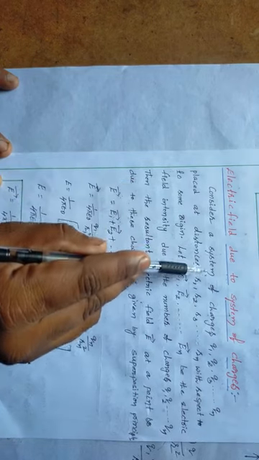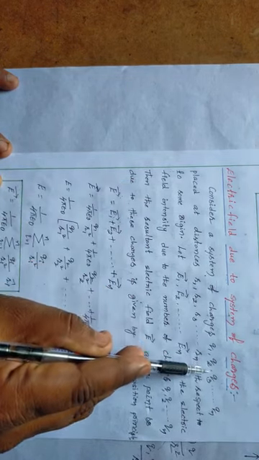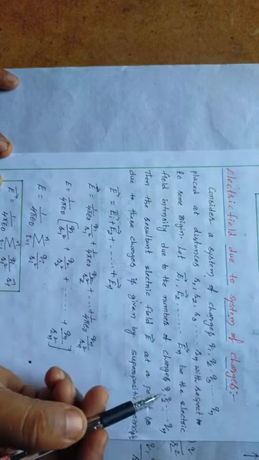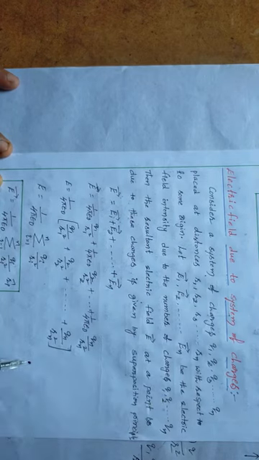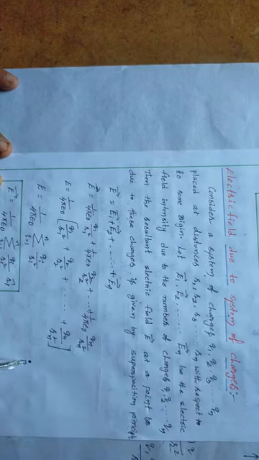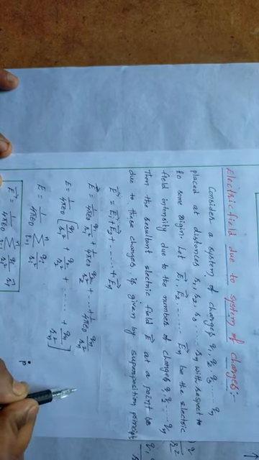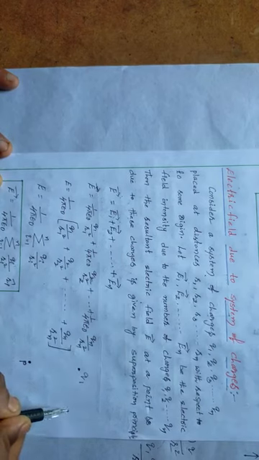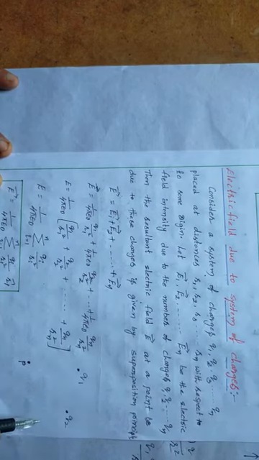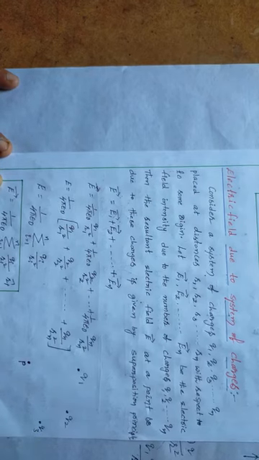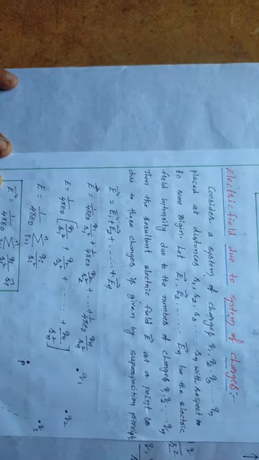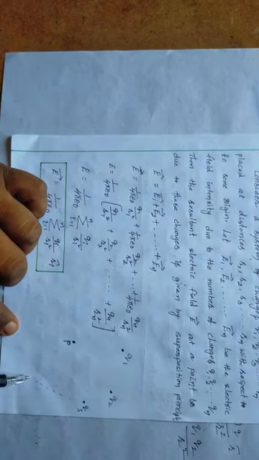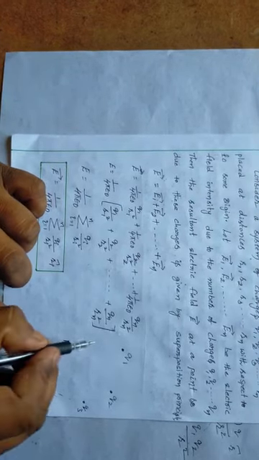See, consider a system of charges q1, q2, q3 and so on, qn. That means these many charges are there. Now here point P I am considering. Here one charge is q1, here one charge is q2, here one charge is q3, and so on. Here I am considering another charge, that is qn.